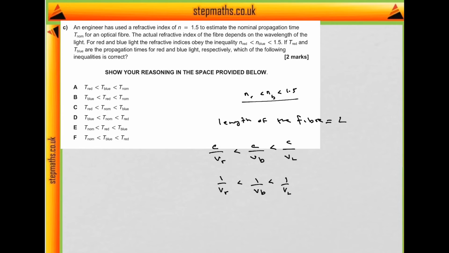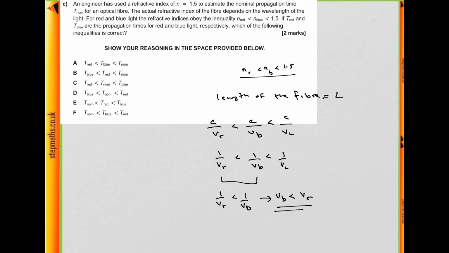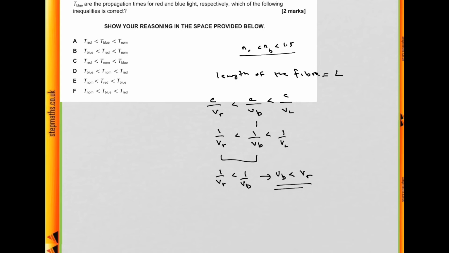Okay, so let's compare those two inequalities now. We know that 1 over VR is less than 1 over VB. What does this tell us about VB and VR? Well, this tells us that VB is less than VR. Therefore, we know one inequality now in terms of those two. Now we know 1 over VB is less than 1 over VL.